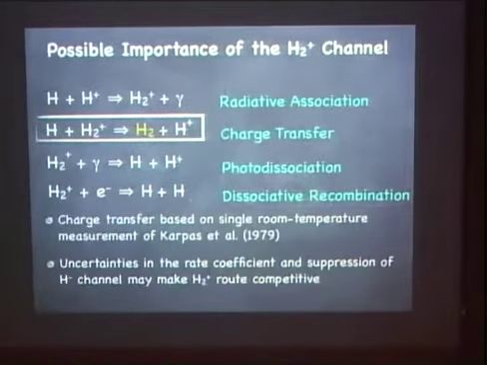However, there's a problem, which is that this process, charge transfer, all the chemical models that I know of are based on a single measurement done at room temperature, and the rate is assumed to be a constant. There are other measurements and even calculations, but they're all at really high temperatures, not really astrophysically relevant.